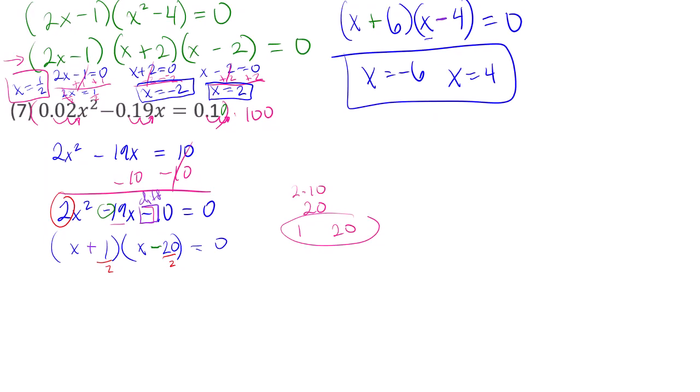Okay, then we can reduce. 1 over 2 can't reduce, so that's good the way it is. 20 divided by 2 is 10, or 10 over 1 if you want to put a 1 on the bottom. Okay, and so now we take those reduced denominators, move them to the front. Numerators stay where they are, so it becomes 2x plus 1. And then here we get 1x minus 10.